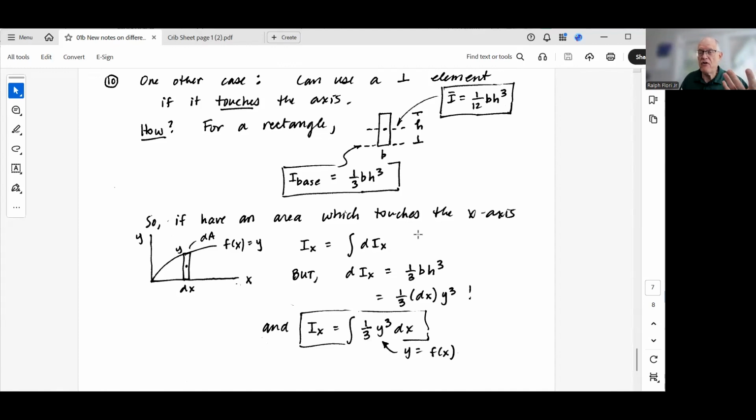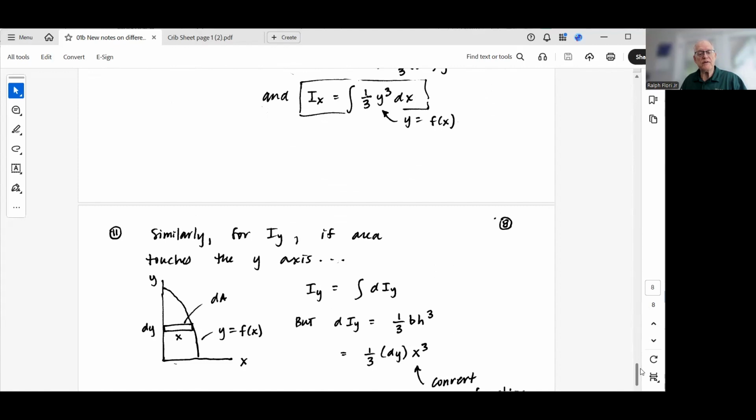And again, that's a general formula that works for all of my dAs. But because this is a rectangle, and because it touches my x-axis, I can use the I base form for it. So its I base is 1/3 bh cubed. So 1/3, the base is dx, and the height is y cubed. And of course, because it's a dx, you have to convert the y to the x function that defines it. But that's relatively simple. Ix is 1/3 base, which is dx, times y cubed.